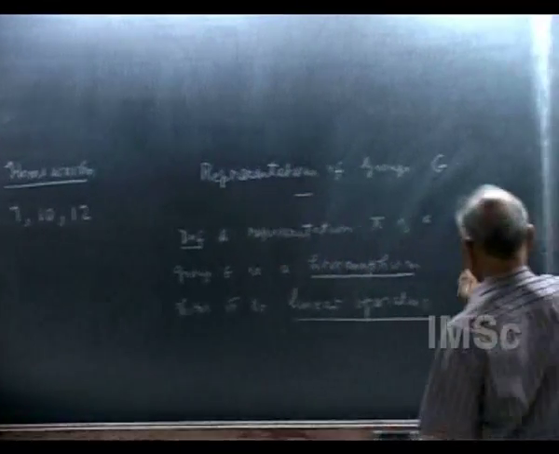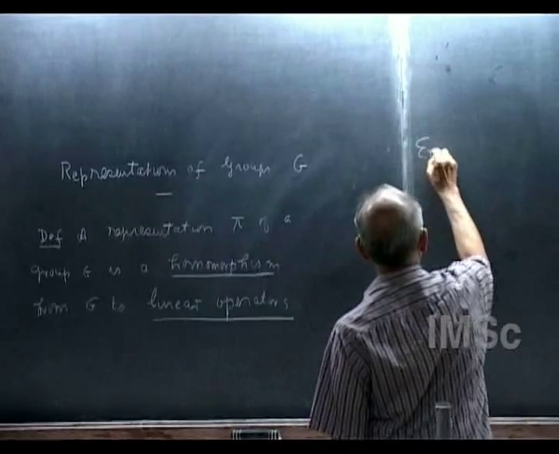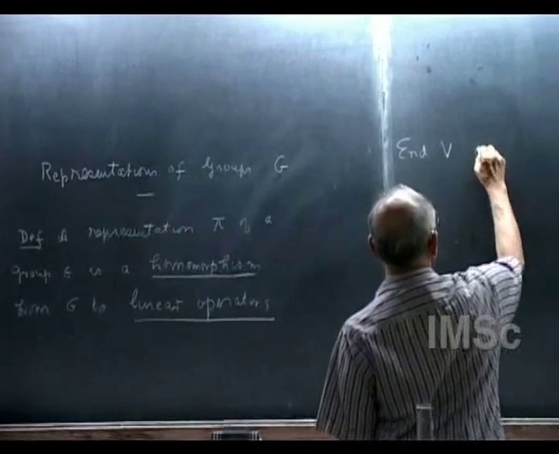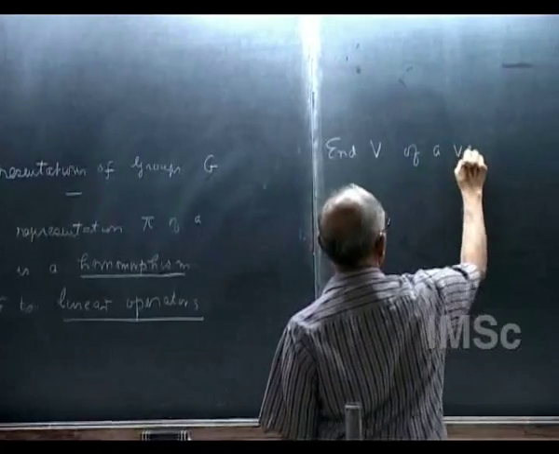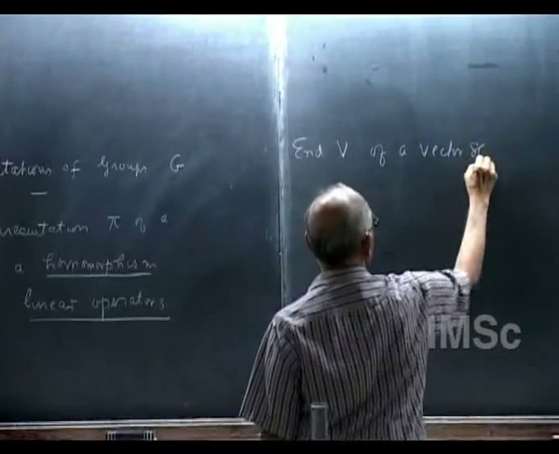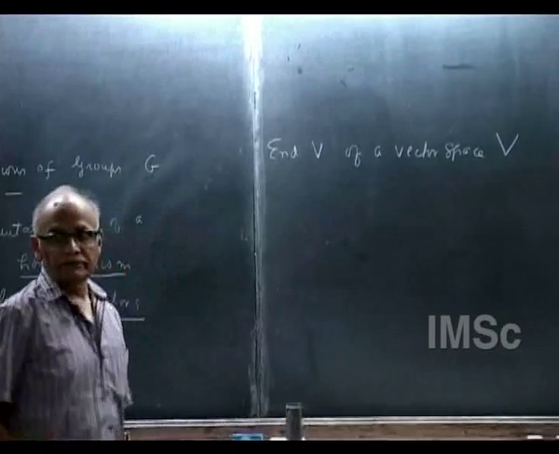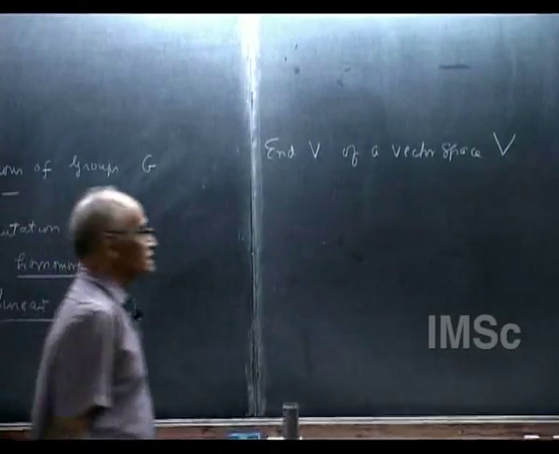This is normally written as End V. This means endomorphisms of a vector space. And we always consider complex vector spaces.